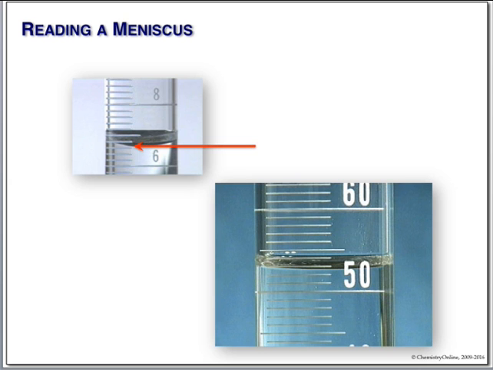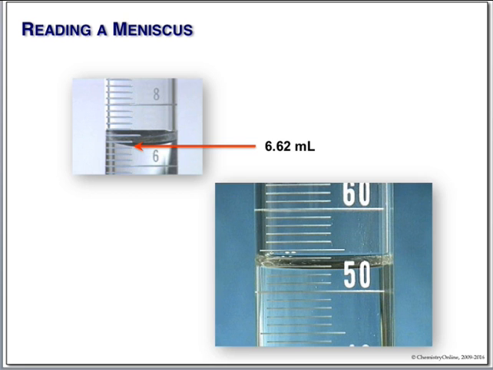Now as I look at this, that's 6, that's 7, so that's 6.6, and it's just a touch above 6.6. So in this particular graduated cylinder, I could read this at about 6.62, so down to 100th of a milliliter.